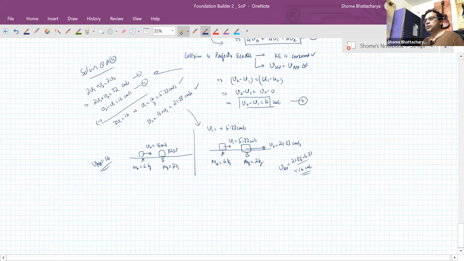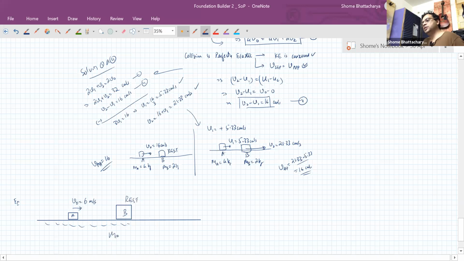Okay, so take it down and now solve the next question yourself. The next example, we'll see something interesting. Let's make the first object the lighter one, and the second object which it's colliding with, that's the heavier one. Let's see what happens in this case. This one is moving at a speed of, let's say, 6 meters per second on a smooth surface towards the second object which is at rest.